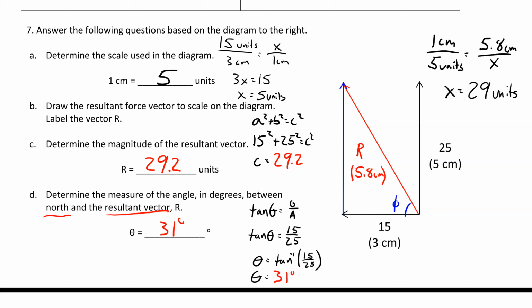Then I could say, what is it, 59 degrees north of west. And you specified that I'm telling you that particular angle, maybe you'll get points, right? But they're specifically asking for the angle between north and the resultant, and the correct answer is 31 degrees, not 59.